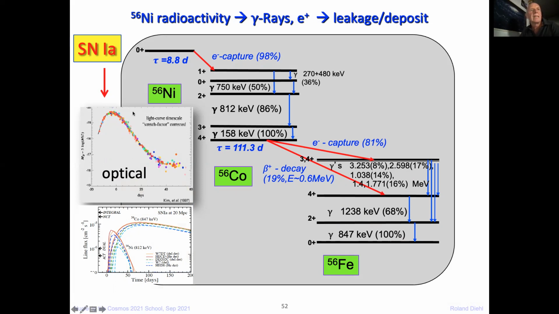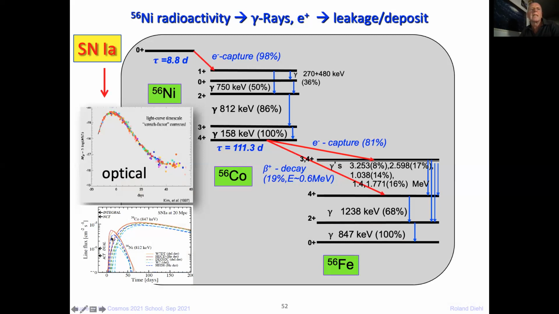Now, you see this is indirect. This is a description of an indirect process of radiation transport. And so it was always interesting to try and measure these gamma rays directly. And this is the expected brightness evolution for the nickel lines and for the cobalt lines.